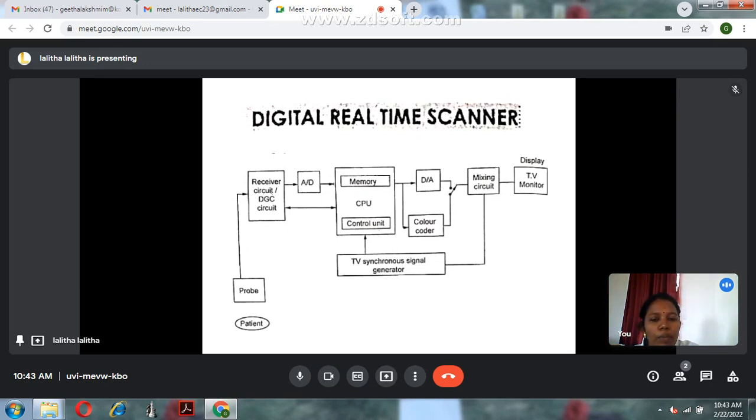The memory stores the image, and the signal is converted from digital to analog and connected to the mixing circuit. Here the synchronous signal is generated. After that we can monitor the images on the TV monitor. The TV monitor displays the internal organs of our body. This is the digital real-time scanner.